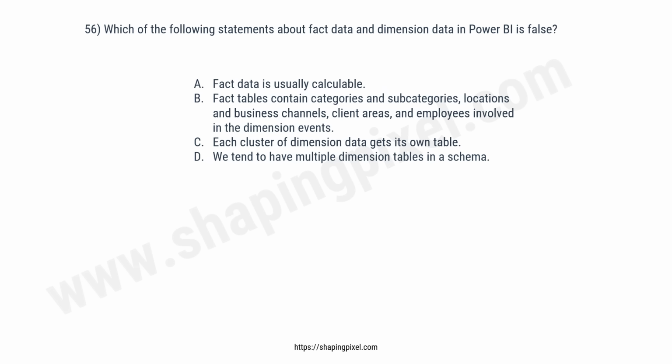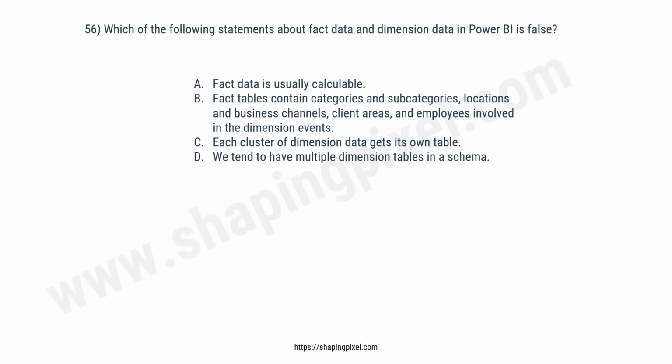So question number 56. Which of the following statements about fact data and dimension data in Power BI is false? And we have four options. Option A, fact data is usually calculable. Option B, fact tables contain categories and subcategories, locations and business channels, client areas and employees involved in the dimensions events.